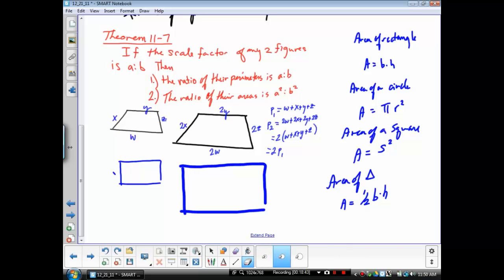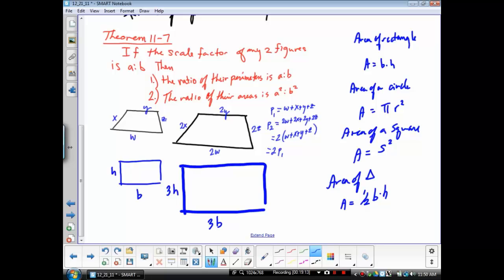If this side is your height and this other side is your base, and this figure is similar, then I just take my scale factor times the height to get this new height. Scale factor times the base to get this new base. If their ratio is a 3 to 1 or whatever, then this new height is going to be 3 times the height of that one, if it has a scale factor of 3 to 1. And this new base is going to be 3 times the base of that one.